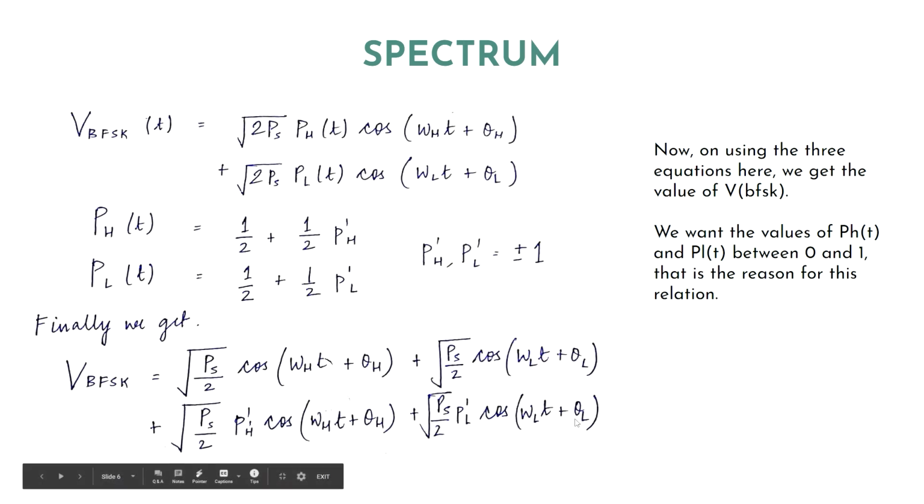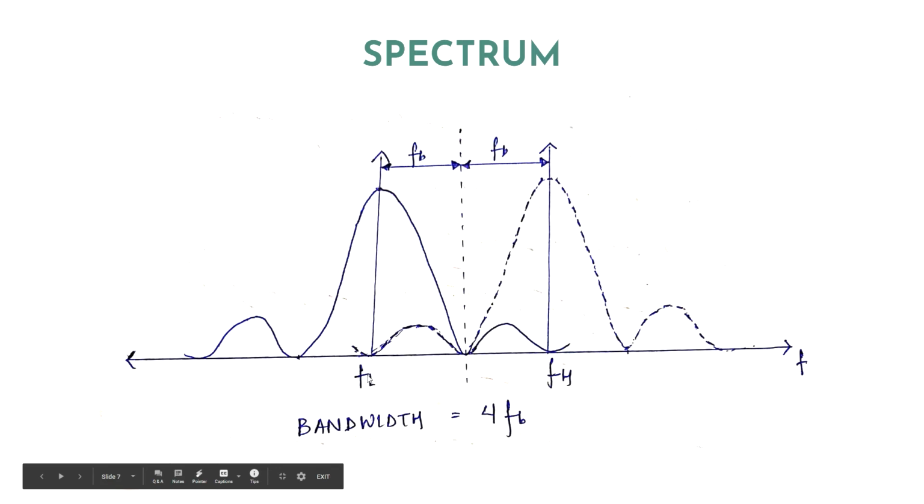This is because of these two terms. We can see that the value of this function goes from plus v to minus v, and we know that for such functions, when we do the spectral density we get a sinc function. Because we are multiplying a cos term here with its frequency being ωL and then ωH, the centers of these sinc functions are fL and fH respectively. So this is how we get this spectral density diagram here.